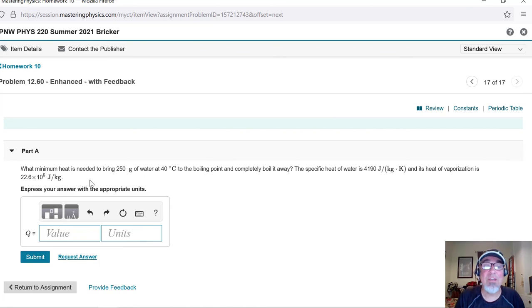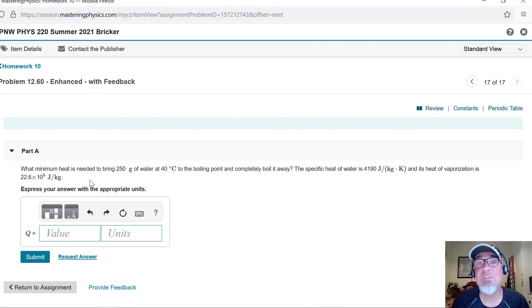We're taking water at 40 degrees, raising it from 40 to 100, that's the boiling point of water. And then after that, we are going to be turning it from water into steam. So there's a phase change going on. So we've got two processes going on.